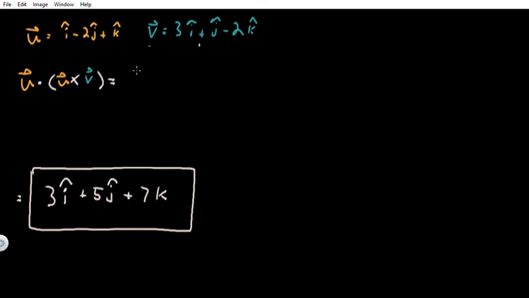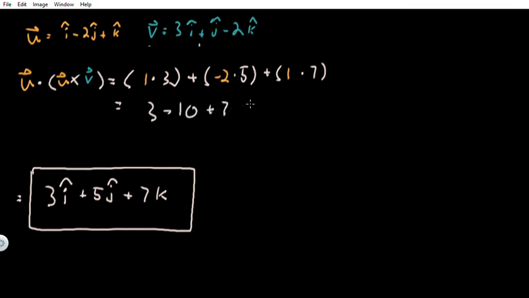So this would be 1 times 3 plus negative 2 times 5, that's negative 10, plus 1 times 7. Let's math this out. We get 3 minus 10 plus 7. This is going to be a minus 7 plus a 7. We get a dot product of 0.